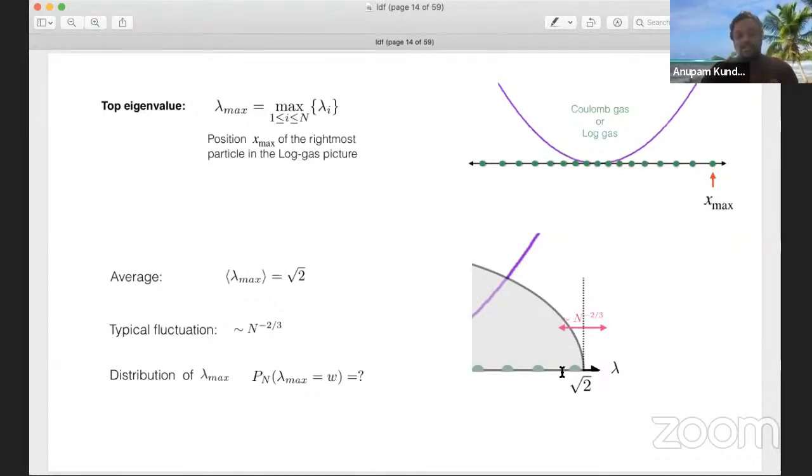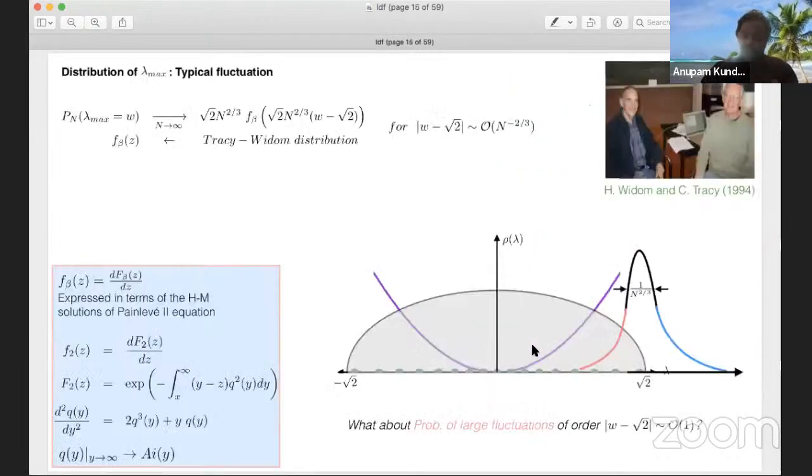You can ask what is the distribution of this typical fluctuation. This distribution was computed by two mathematicians, Craig Tracy and Harold Widom. They showed that this typical fluctuation possesses a scaling form, a scaling distribution, which can be expressed in terms of the Hastings-McLeod solution of the Painlevé II equation.